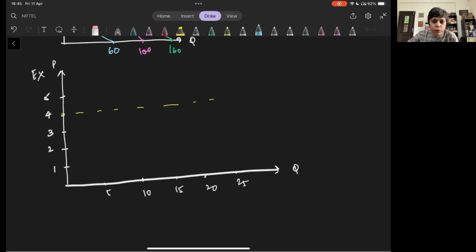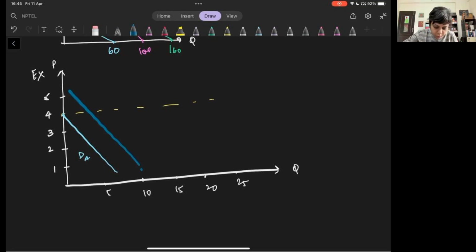There are 3 individuals or 3 sections, you can say A, B, and C, and I'm drawing their demand functions. This is DA. And then let's do this dark blue thing. This is DB.